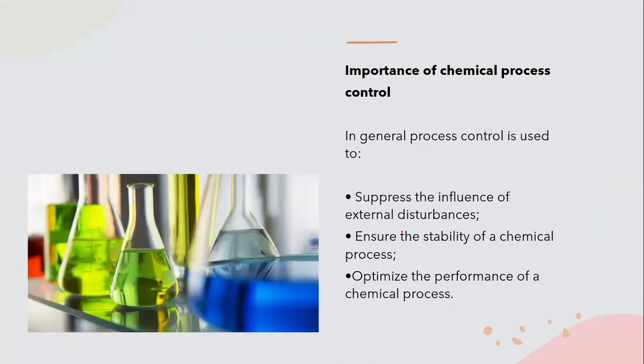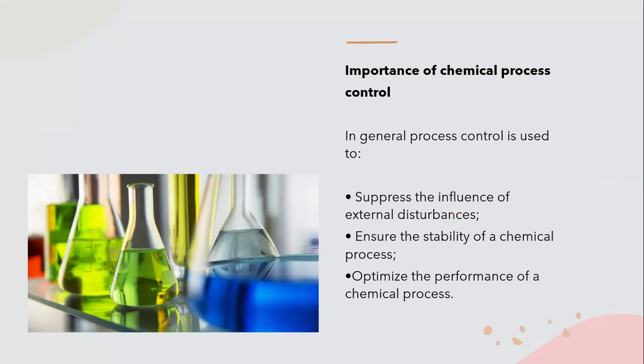The first reason is that we need to suppress the influence of external disturbances. We are industry, right? When you talk about external disturbances, maybe we can talk about climate changes, all of those things.